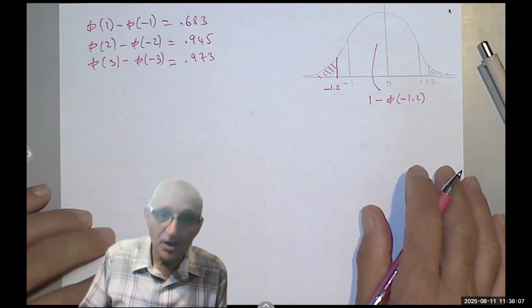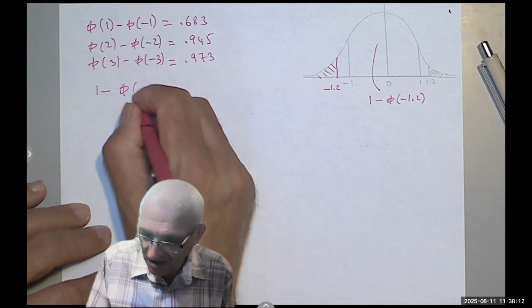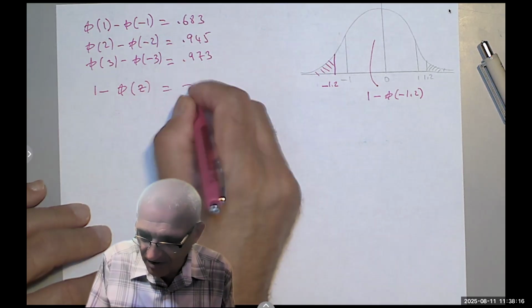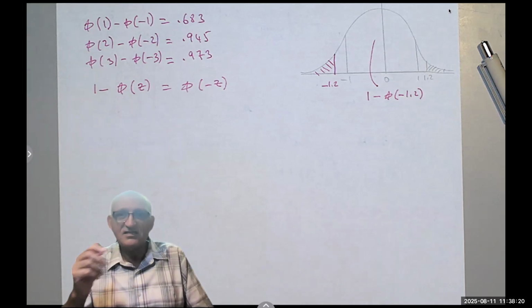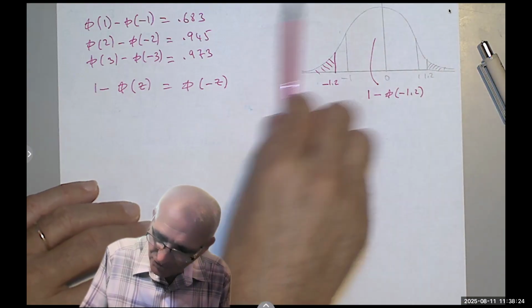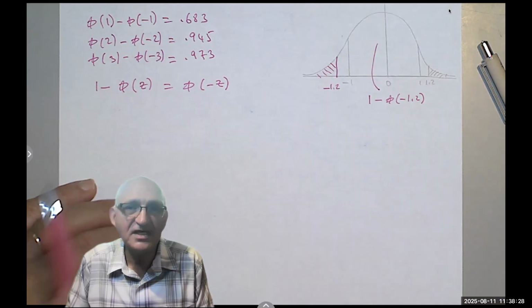So one property is that 1 minus the cumulative of any value of z equals the cumulative of negative z. And that becomes easy instead of people finding the cumulative of 1.2 and then saying 1 minus that. No, it's just the cumulative of negative 1.2.